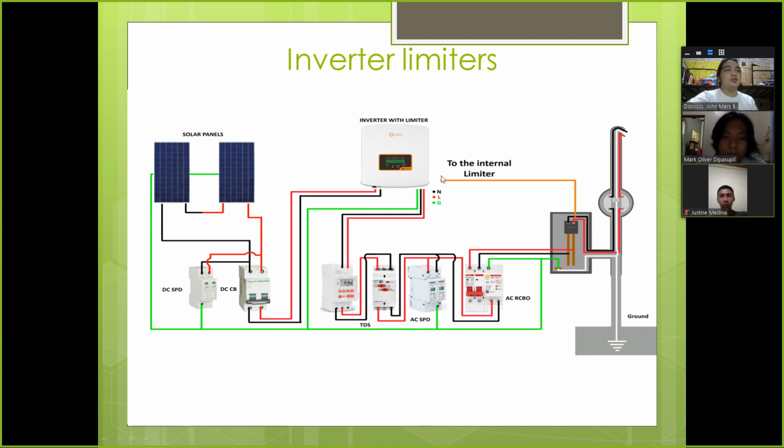Yung isa naman, itong internal limiter or yung mga inverter na may limiters. Automatically, pipigilan niya yung watts na napoproduce mo kapag di naman kailangan. Alam niya kung ilang watts lang yung kailangan mo. So, effective to para sa mga system na wala silang sub-meter na compatible sa net metering.